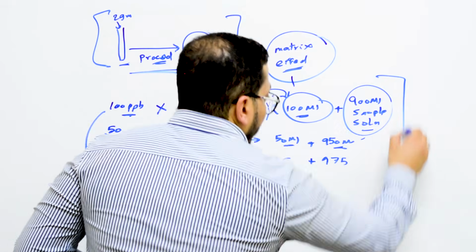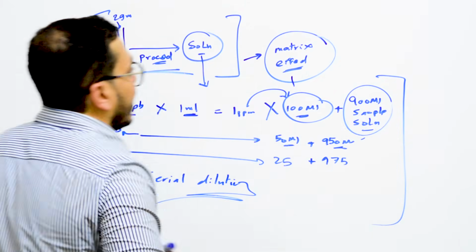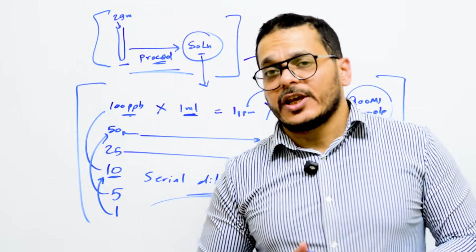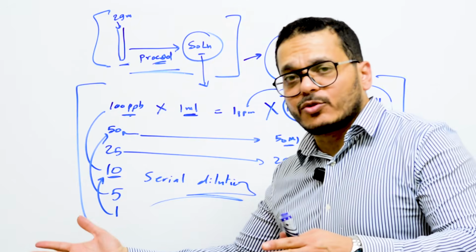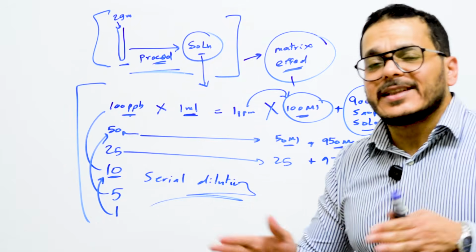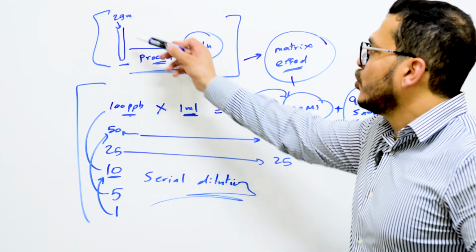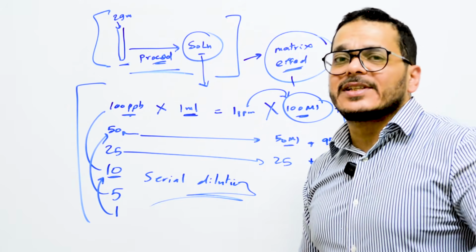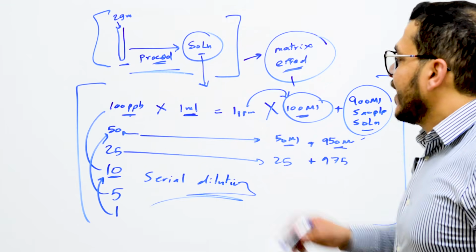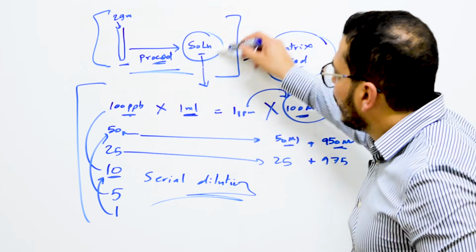So now I found this the right way to prepare the matrix matched calibration, not to add the standard from the beginning. You can keep and add the standard at the end, and you will prepare only one blank sample from that representative matrix that you select. Finally, you will add your calibration curve into the sample solution.